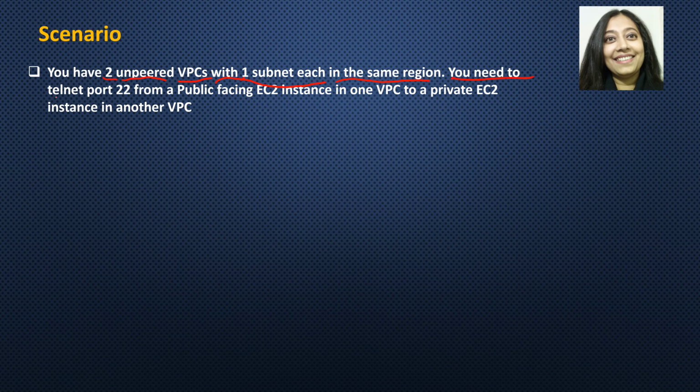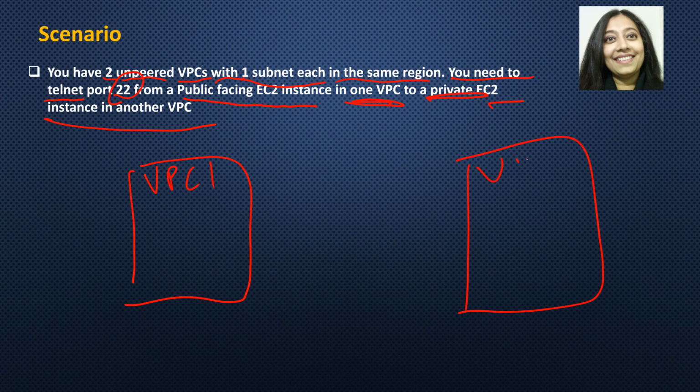You need to telnet port 22, this is the SSH port, from a public facing EC2 instance in one VPC to a private EC2 instance in another VPC. So in short, this is your VPC 1, and this is your VPC 2. Both of these are in the same AWS region.